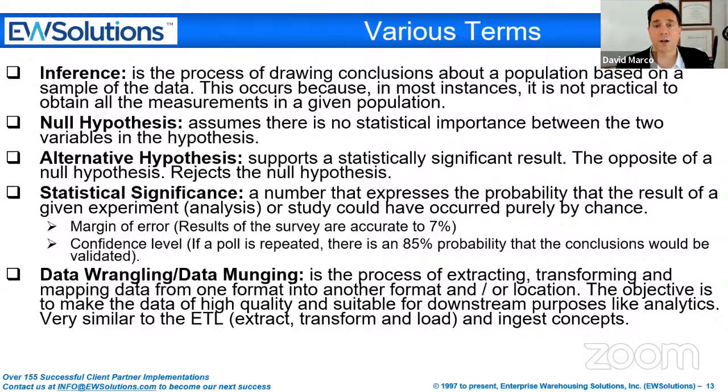So first off, when you hear the term inference, this is the process of drawing conclusions about a population. When you hear the word population, think our set of data, based on a sample of that data. It's very easy to say, hey, I want to do a study.